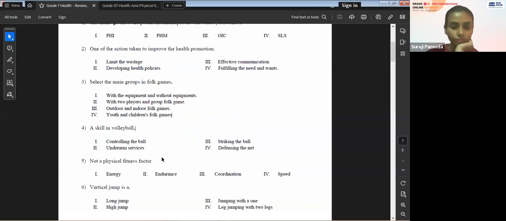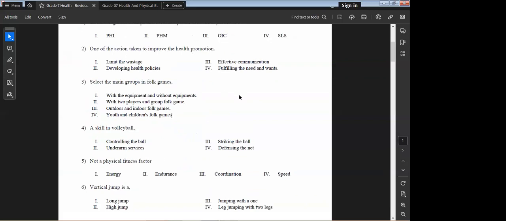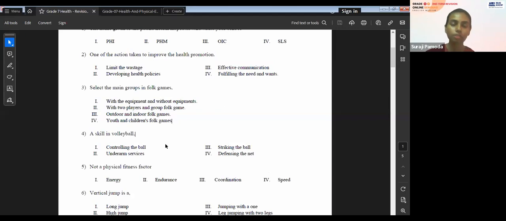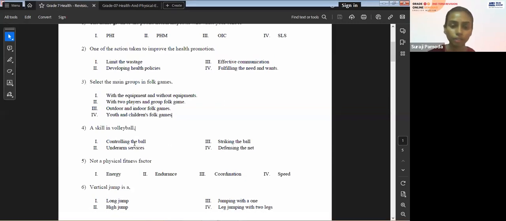Hmm? Okay, madam. Anyone? Underarm service. Underarm service. Yes, that is the answer, right? Underarm service is one of the skills in volleyball. The other ones, controlling the ball, striking the ball, defense in the net, are used mainly in football, right? So the answer should be the second one, underarm service, right?